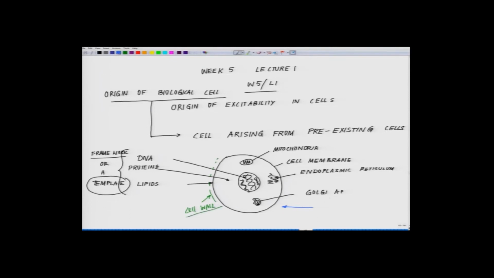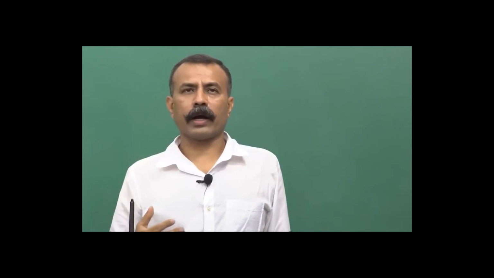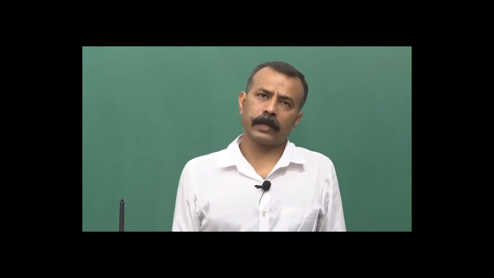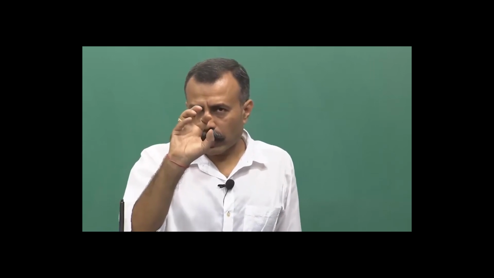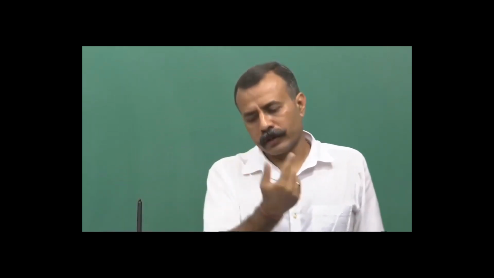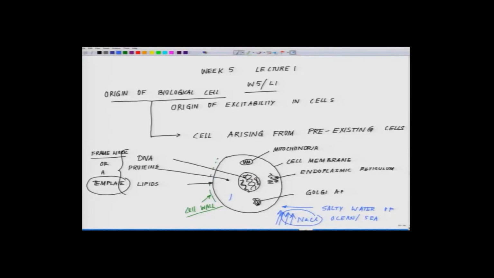So, say for example, if it has evolved in the very salty water of the ocean or sea, where the salt concentration is very, very high, so high that nothing really could grow in direct contact with it, it possibly learnt a way to create an environment around itself by forming a capsule or a structure what we call a cell, where the concentration of sodium and chloride is fairly low.